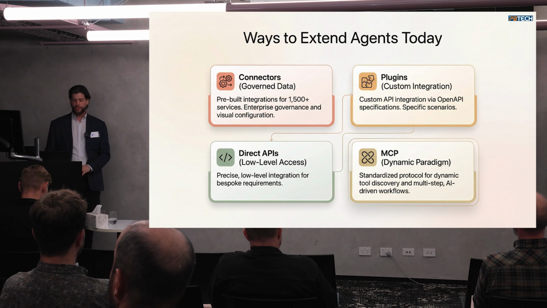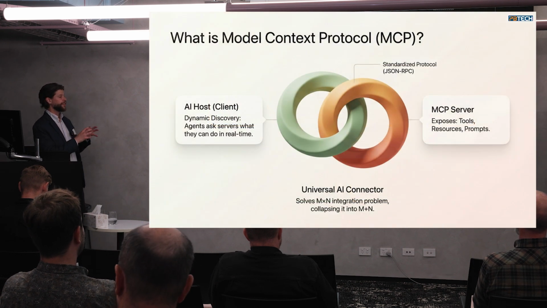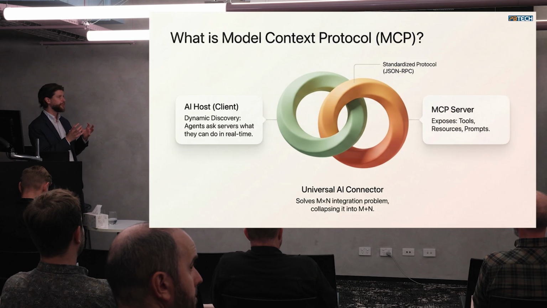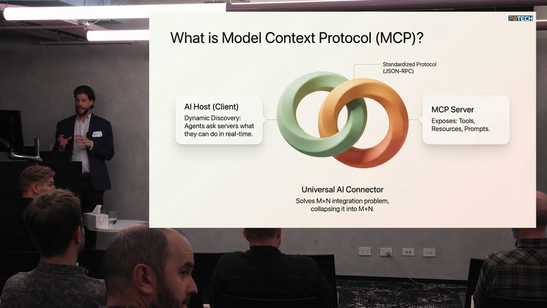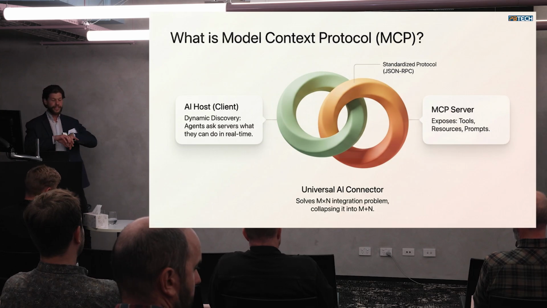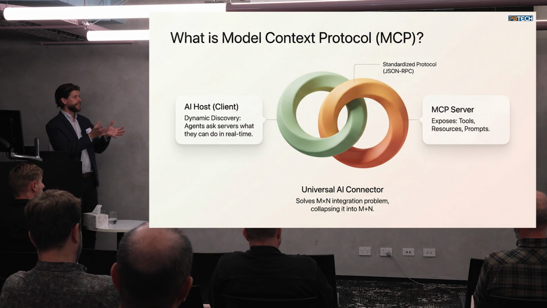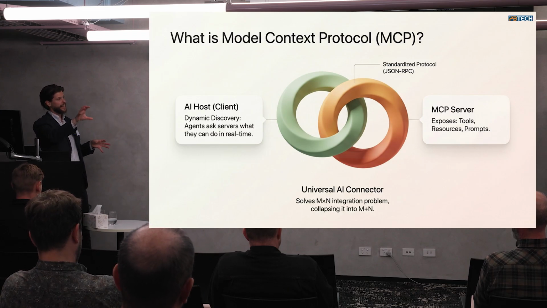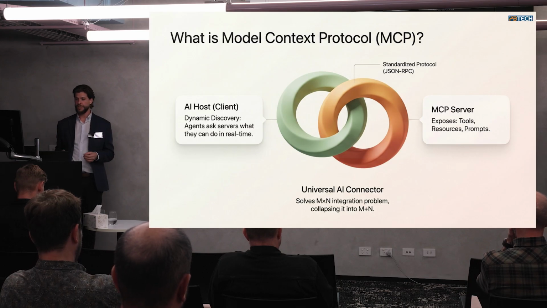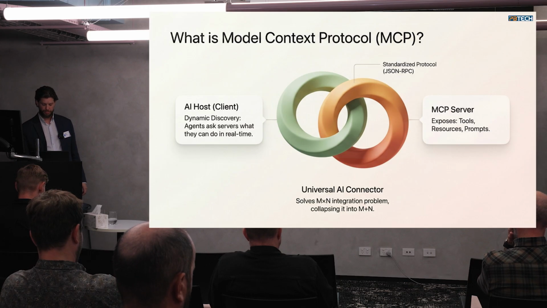So Model Context Protocol, we've got the host. If you look at it through the Copilot Studio perspective, that is your agent, the server, and then all of that is connected. The server you can actually have within your Microsoft Azure tenant, or you can have it hosted elsewhere. It's entirely up to you.